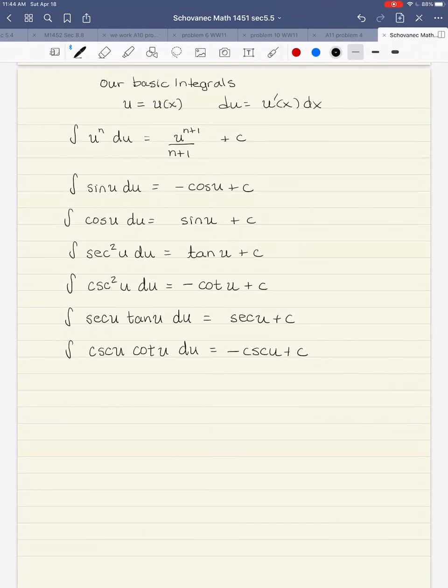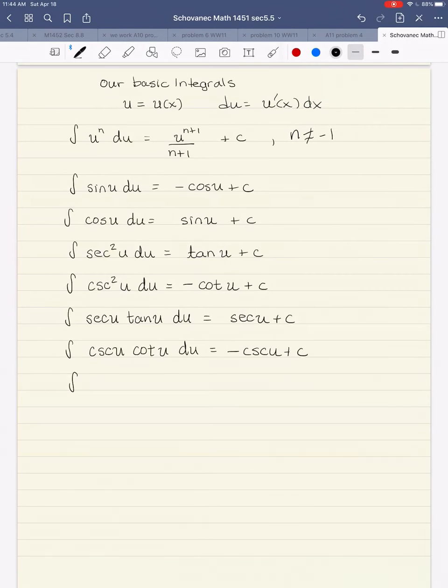Then we have our 2 transcendental functions. Remember that the power rule holds as long as n is not negative 1. But if n is negative 1, the integral of u to the minus 1 is our logarithm.